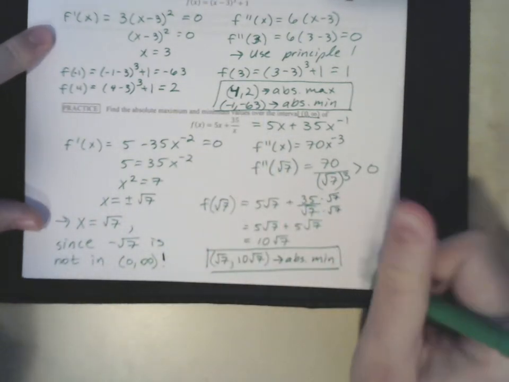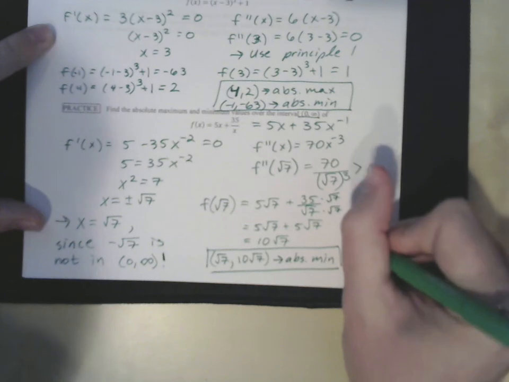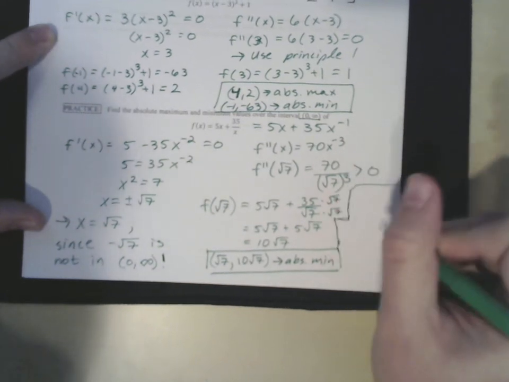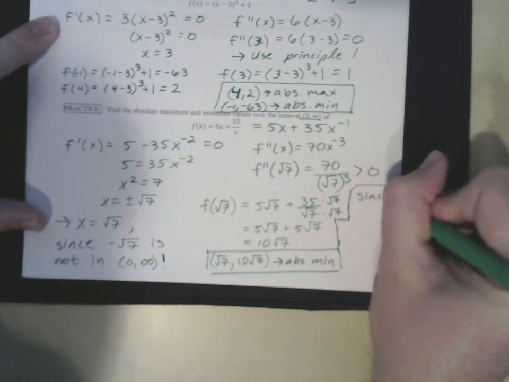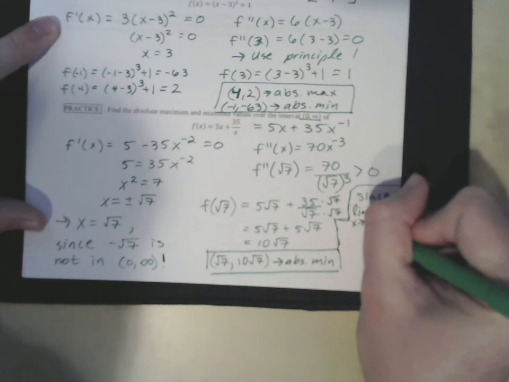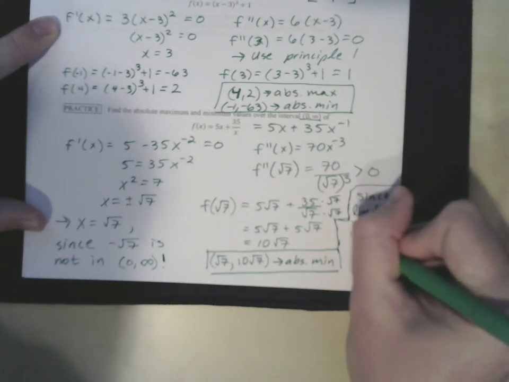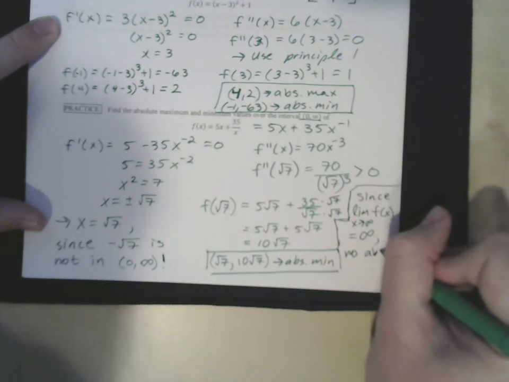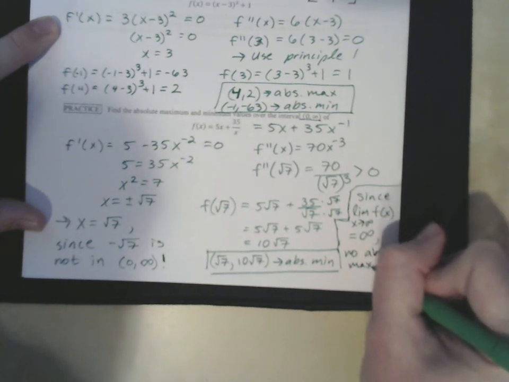So since the limit as x goes to infinity of f of x equals infinity, there's no absolute max.